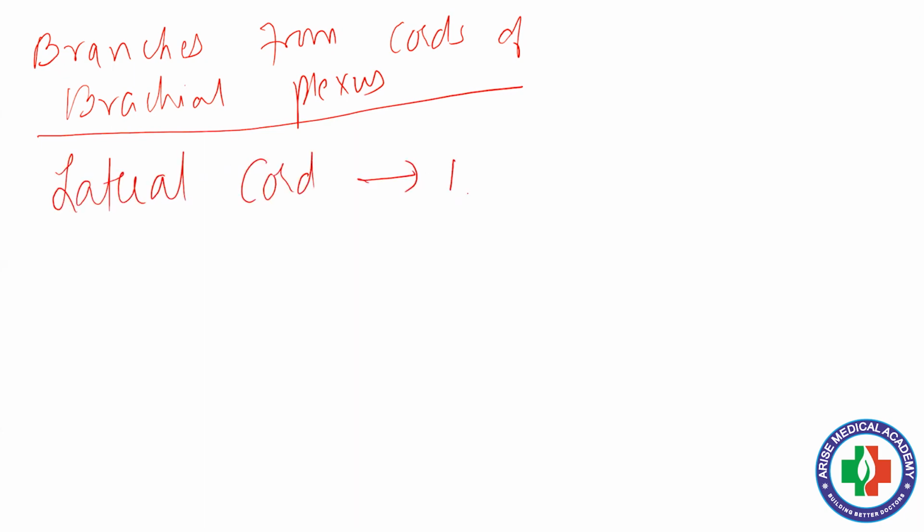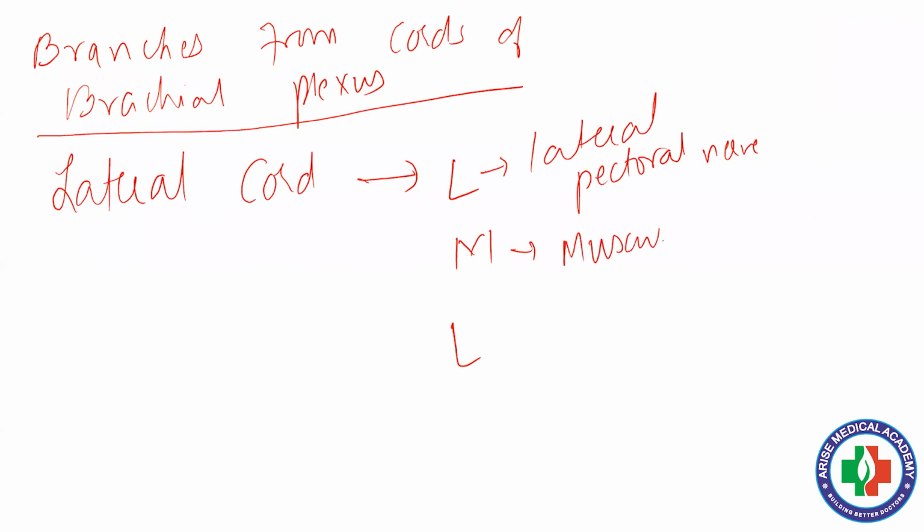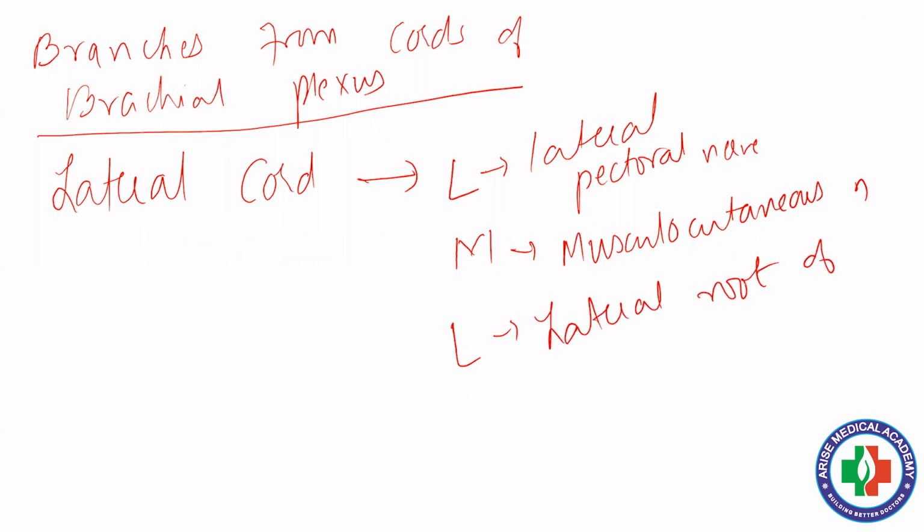It's a simple mnemonic, LML. L stands for lateral pectoral nerve, M for musculocutaneous nerve, and L for lateral root of median nerve.